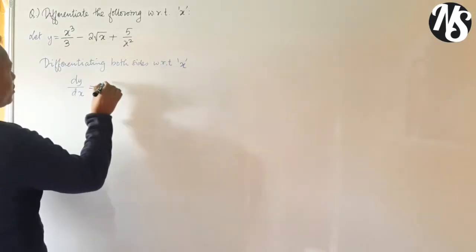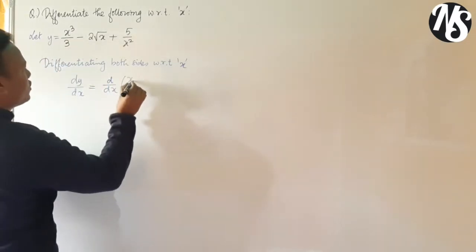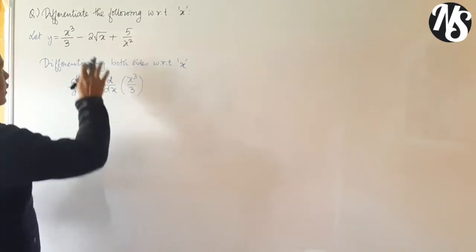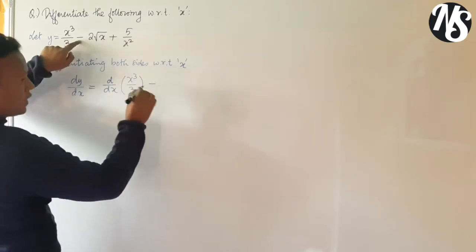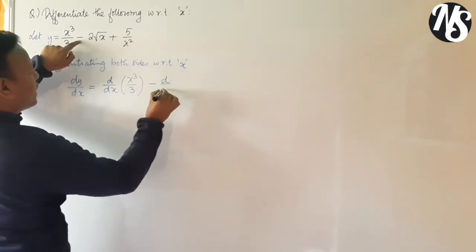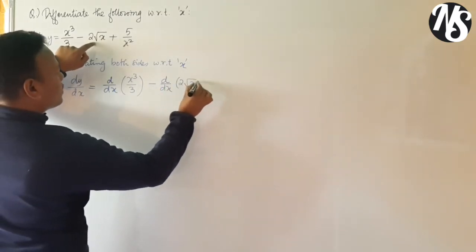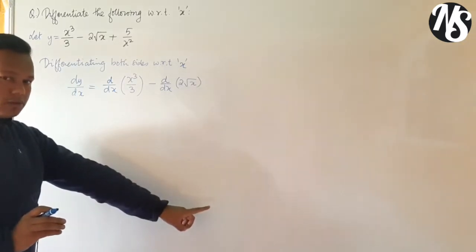That means it will become d by dx of x cube by 3. So this is one term. Next, minus is there, so next is d by dx of 2 root x. Now what am I doing here is, you saw the fundamental rules, isn't it?